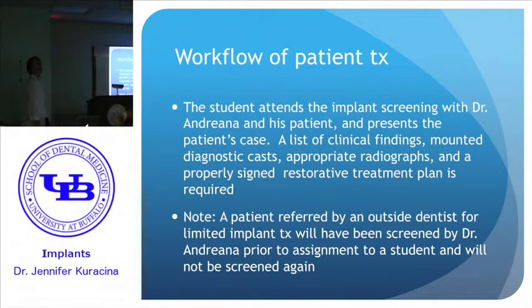I just have a question. Today I screened a patient that was referred from the pre-doc clinic. The patient needed a 29 or 30 implant. But the patient was not informed that there will be a price difference. So it was referred directly to Pros and not to Dr. Andriana, is that what you're saying?